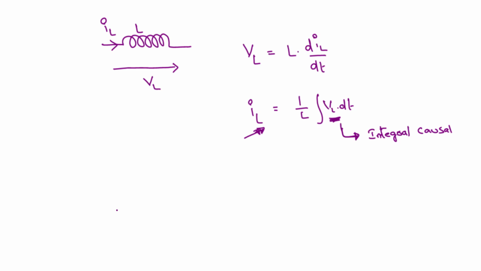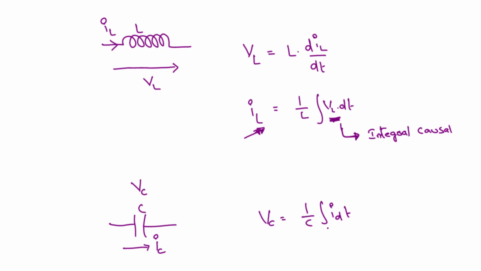In a similar way, if you talk about the capacitor, suppose the capacitor is C, the current passing through the capacitor is IC, and the voltage developed across the capacitor is VC. Now VC is equal to 1 by C integral I dt.